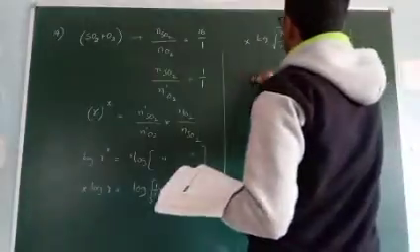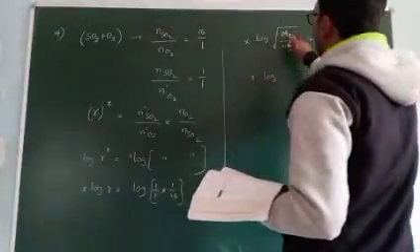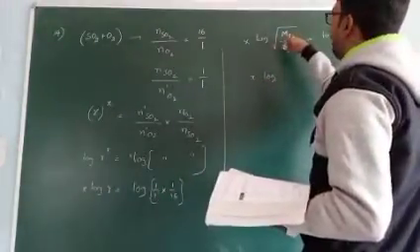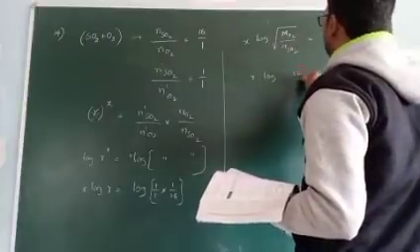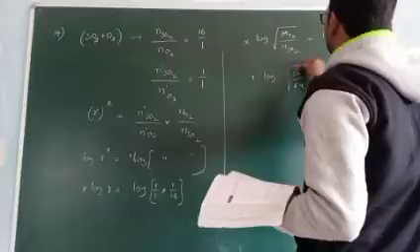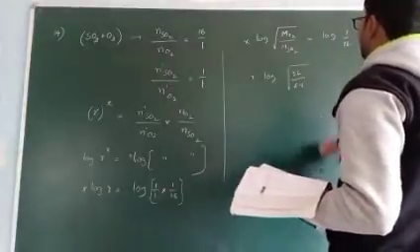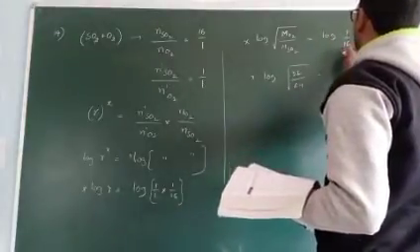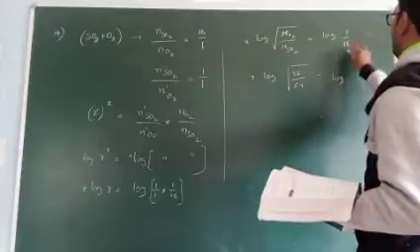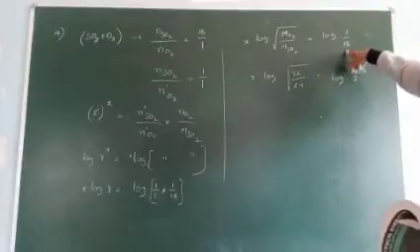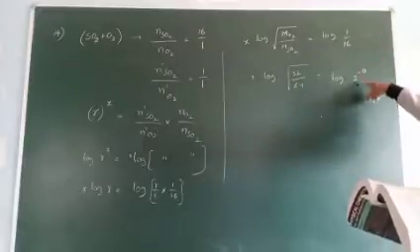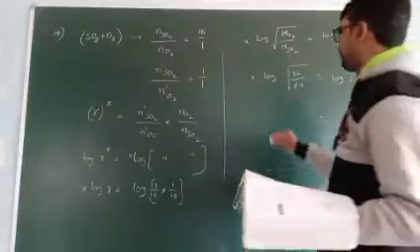Molecular weight of O2 is 16 2s are 32, SO2 is 64, root of this. This is equal to log 16, meaning log 2 power 4; moving it up, 2 power minus 4.